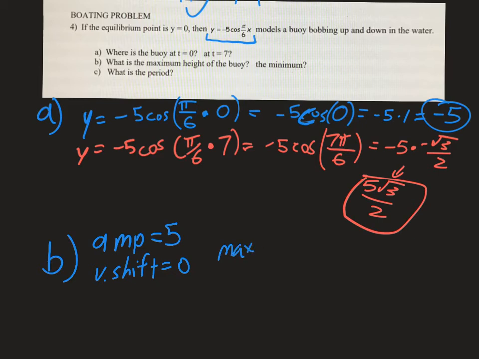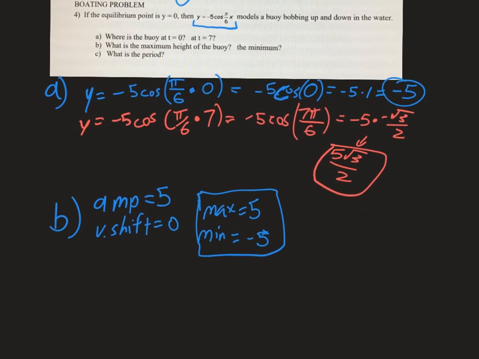My max value is going to be 5, and my minimum value is going to be downwards 5 from that same 0 marker, so -5 will be my minimum. That's easily the solution for part B. Part B goes super quick here. We know the amplitude, and the vertical shift is my starting point. I just add and subtract the amplitude to get those.